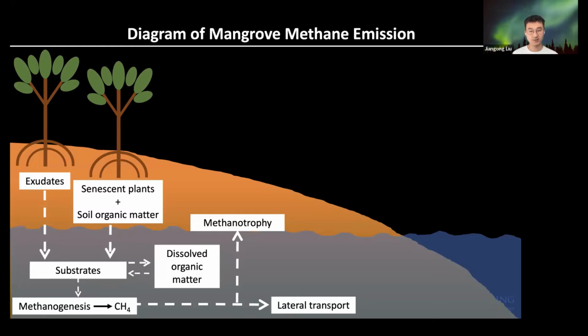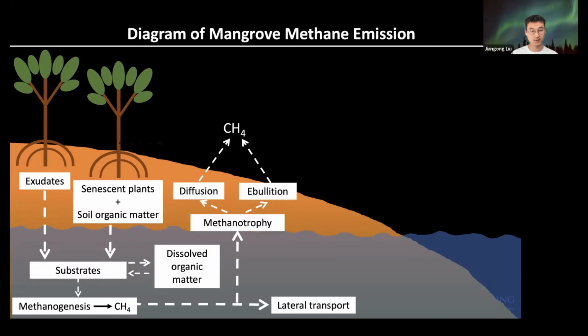For this process, we really poorly quantify how much methane is lost this way. And the rest of the methane can be consumed by a process called methanotrophy. And yeah, the rest of the methane can be emitted to the atmosphere through diffusion or through bubbles.